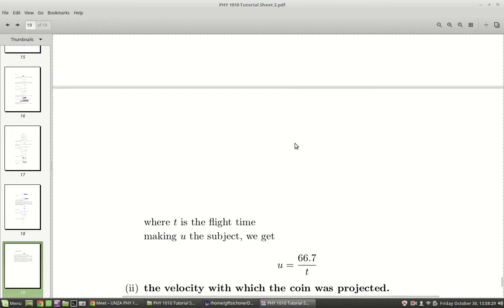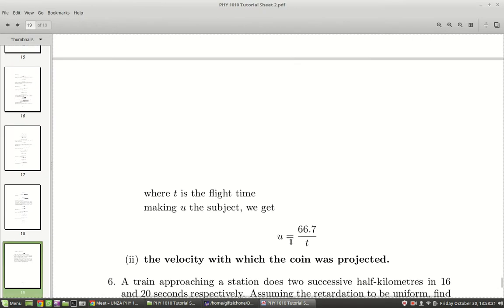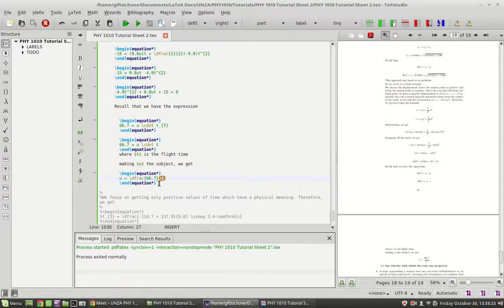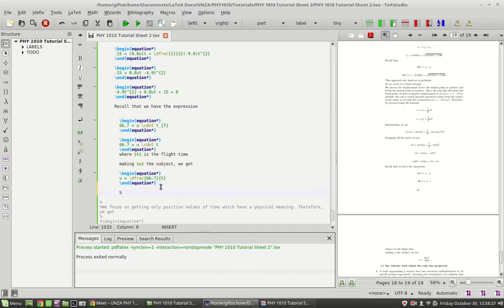When we make u the subject, we get ourselves this. Substituting in the quadratic, substituting for t, the following equation.